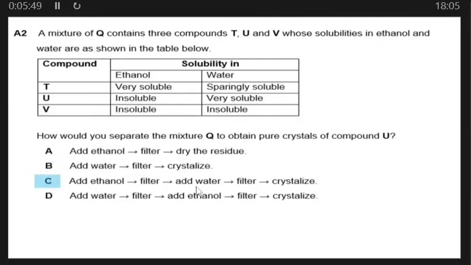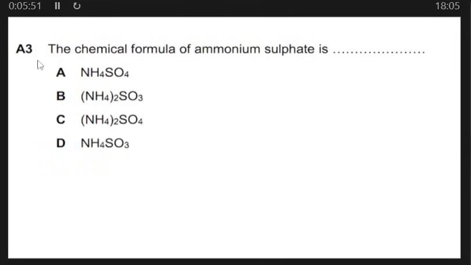So let's go to another question. Question A3 reads, the chemical formula of ammonium sulfate is... It's actually C. Why?